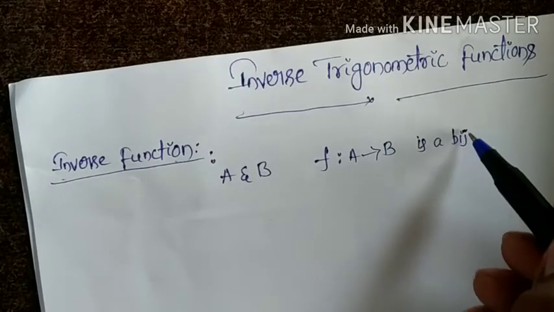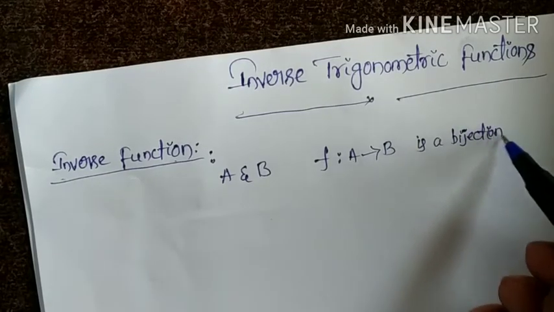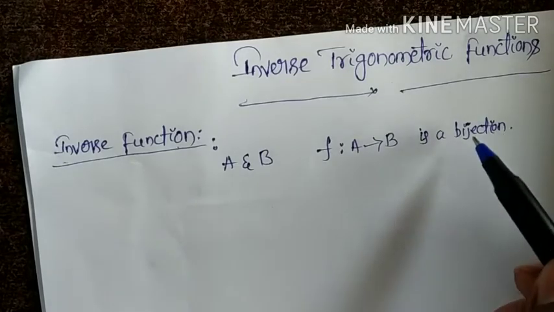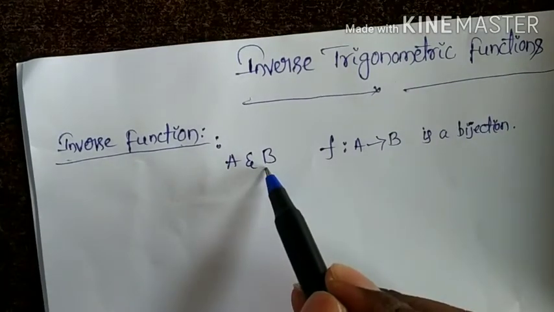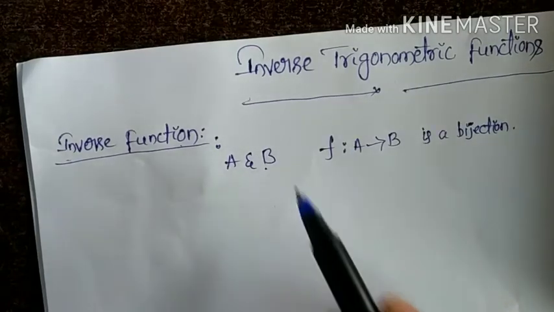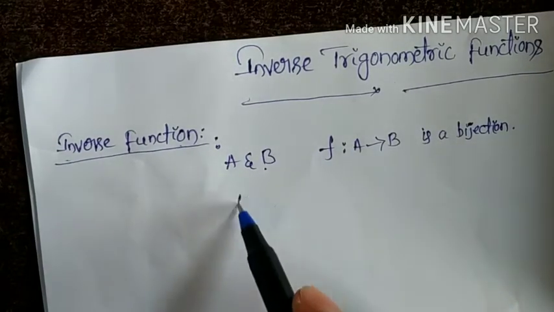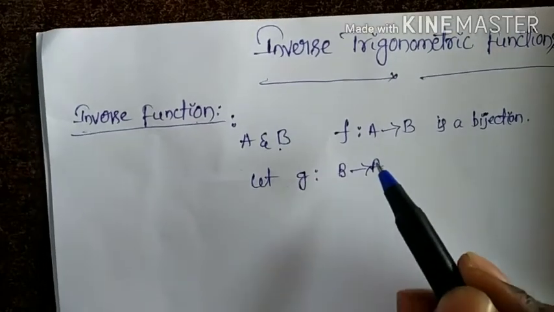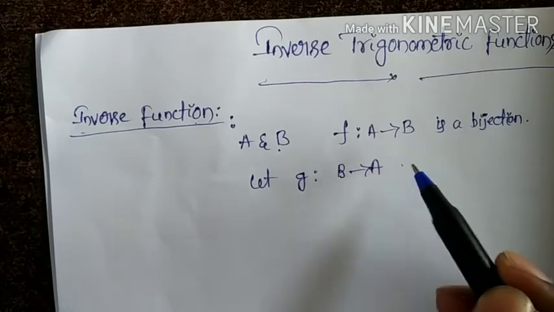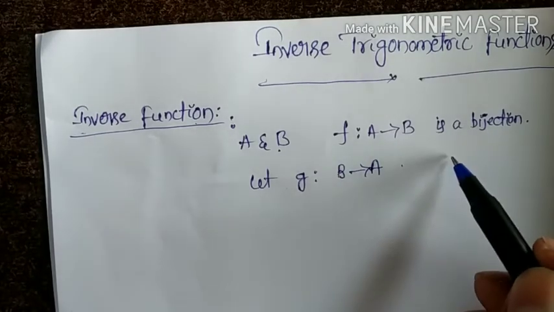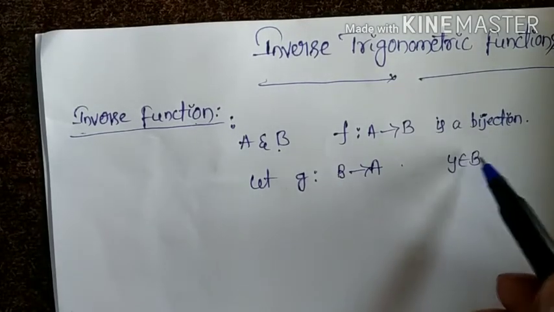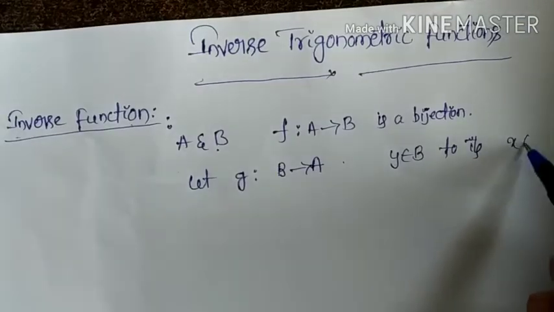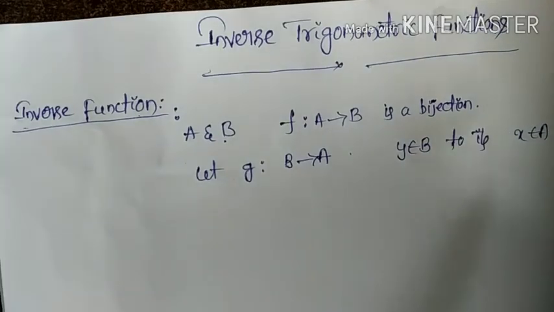If we want to define a rule which associates elements of B with their pre-images, let g: B to A be a function which associates each element y belongs to B to its pre-image x belongs to A. Right?